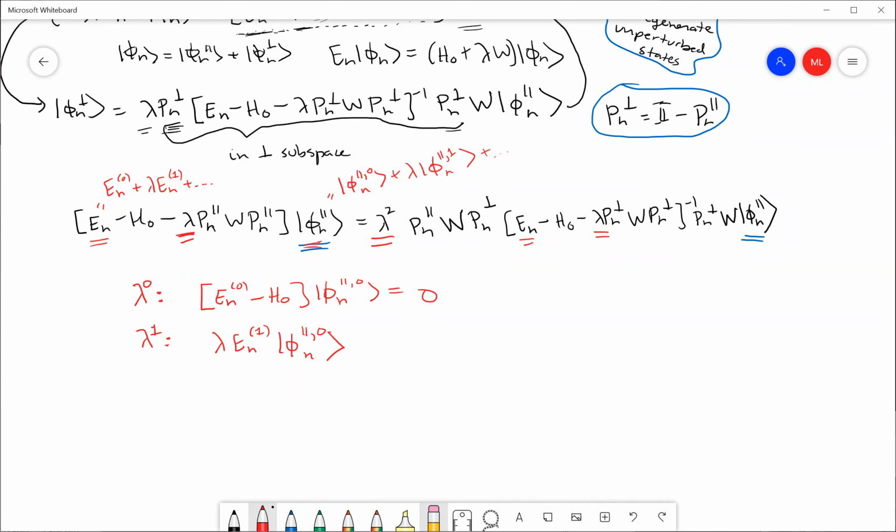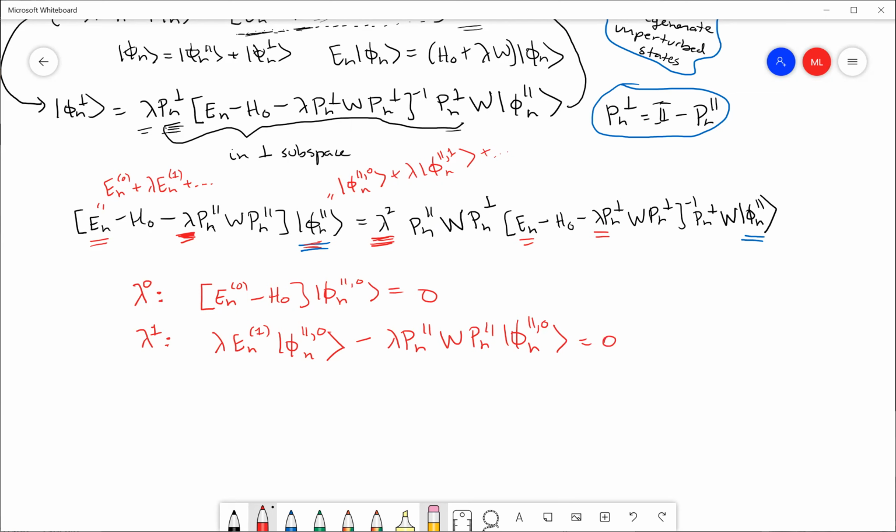Over here, this term already has a lambda in it as well, so there's going to be a minus lambda Pn parallel W Pn parallel, again acting on the unperturbed bit. And this term over here, there's a lambda squared out front. So this whole thing is 0.